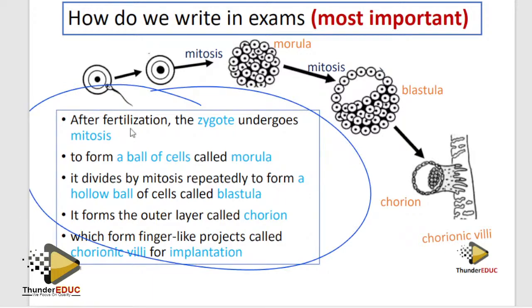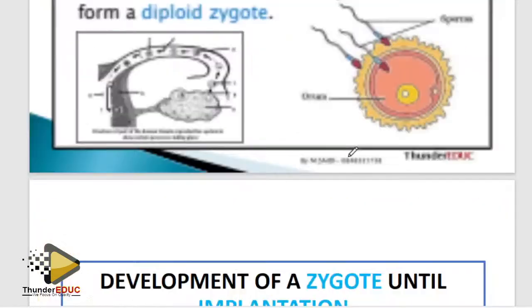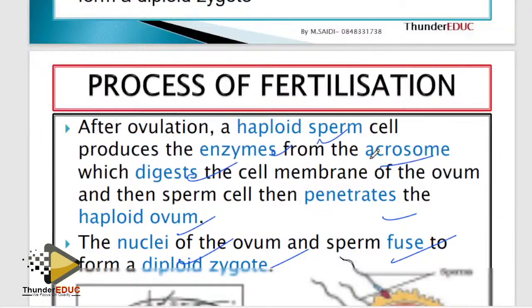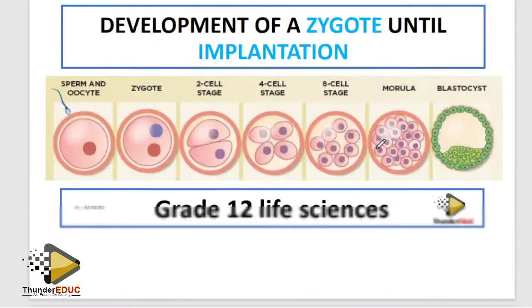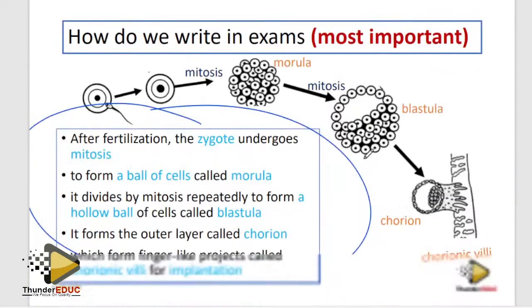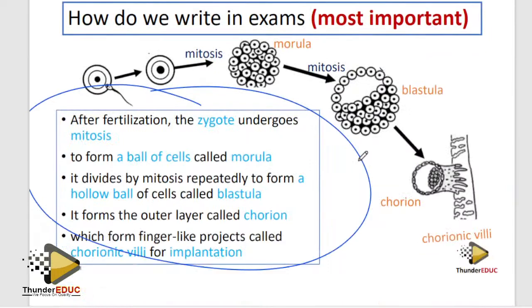When they ask you to explain what happens after fertilization, please don't include the process of fertilization. Don't talk about the sperm coming and the enzyme on the sperm. They didn't ask you that. They said explain the development of the zygote until implantation. Don't talk about fertilization, because you're wasting time.